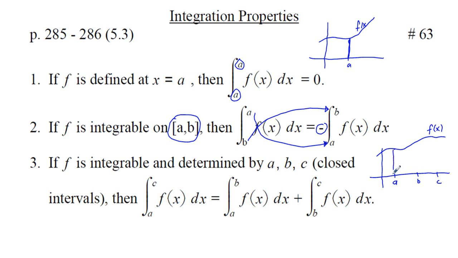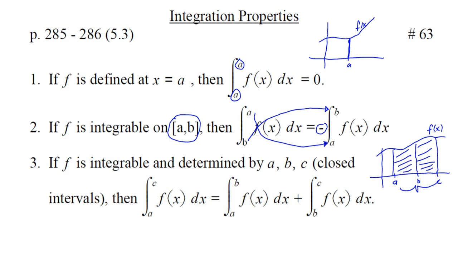So all this is saying is that this whole area here from A to C is equal to the sum of this area from A to B and this area from B to C, because those two areas will be comprehended in this whole interval from A to C. So that's really all that says.